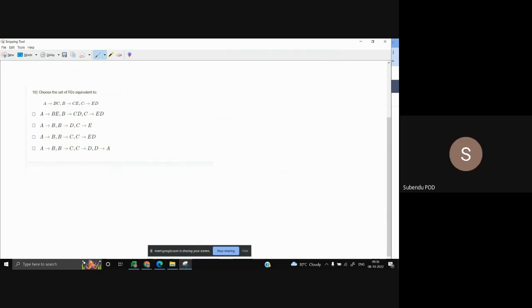Okay, so you have to find the set of FDs equivalent. Suppose this is the X, and you have to find which of the following is equivalent. So X is: A determines BC, B determines C, and C determines ED.